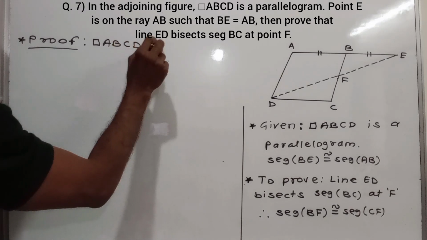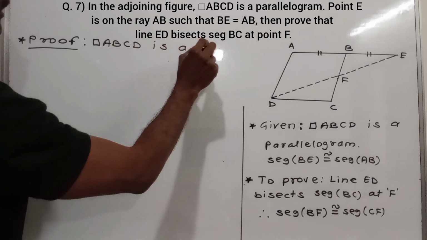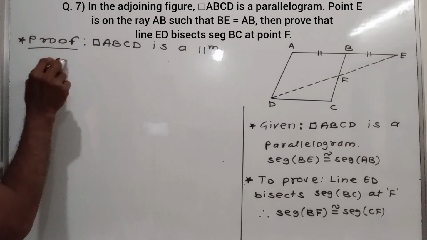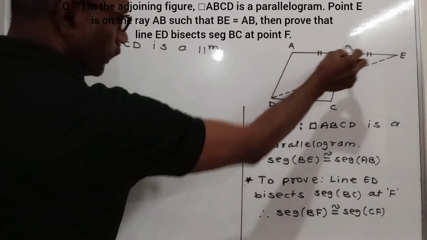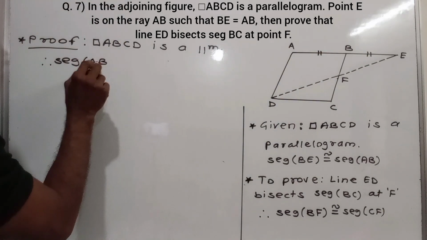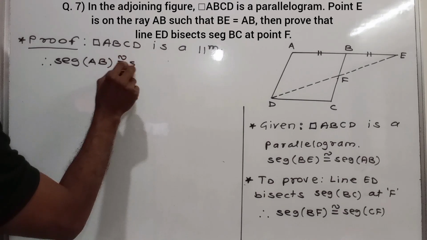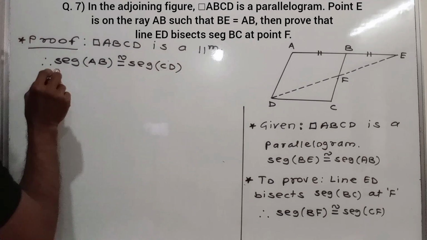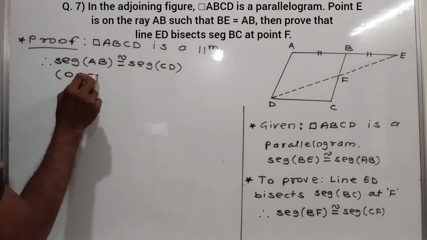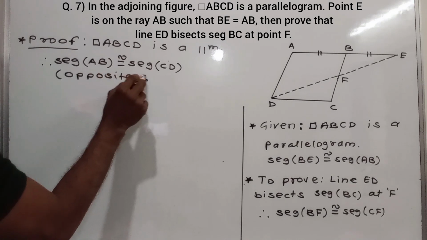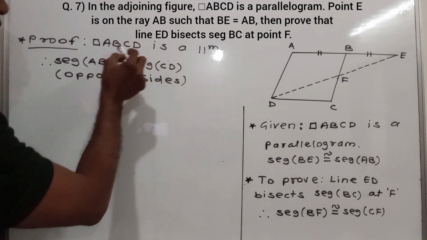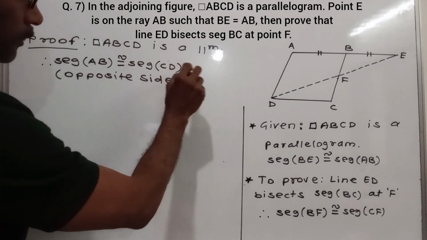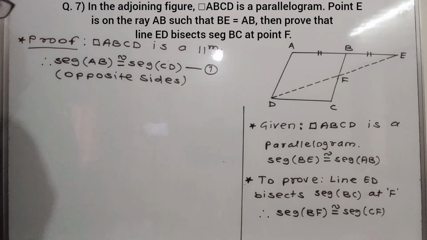Therefore, segment AB is congruent to segment CD. Why? Opposite sides of a parallelogram are congruent. This is our equation number 1.